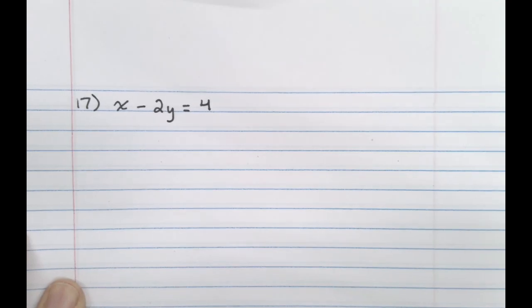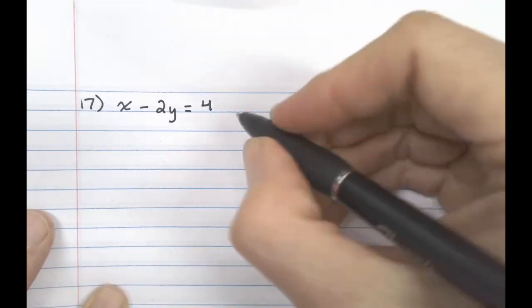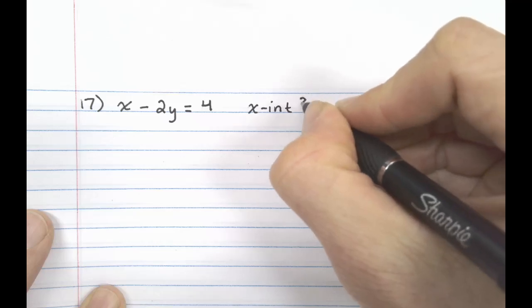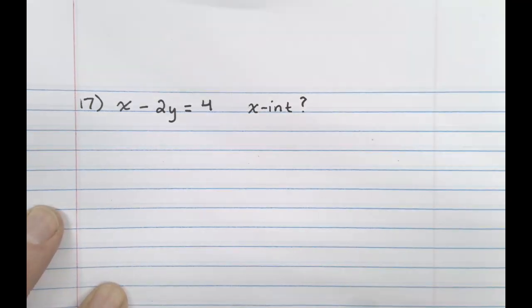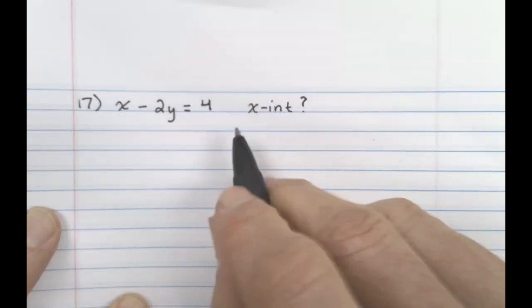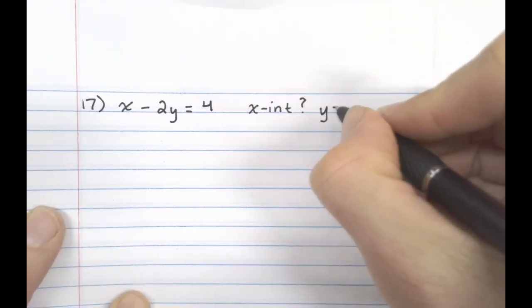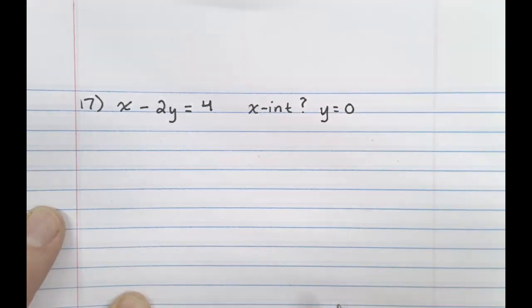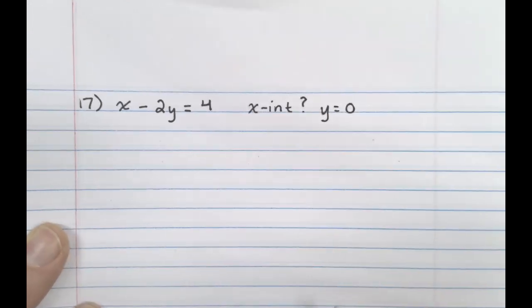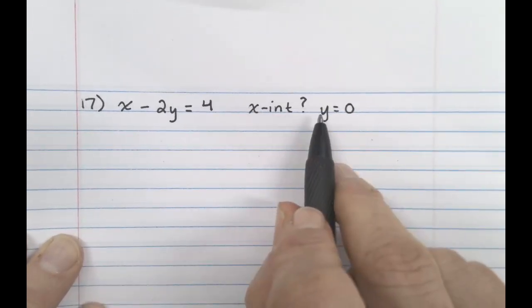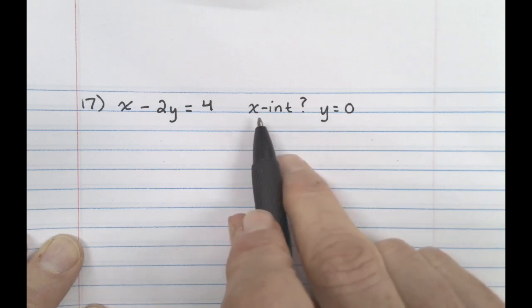Now we're coming back to the problem, 17. Let's say I want to find the x-intercept first. Well, I know something about x-intercepts. I know that for an x-intercept, y is always 0. Always. So I can use this information to find out what the x-coordinate is going to be.